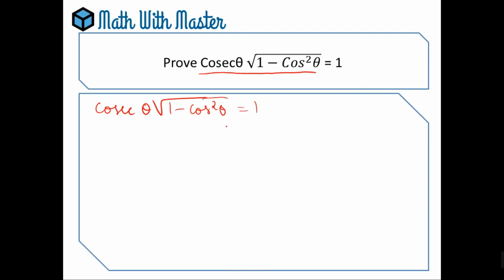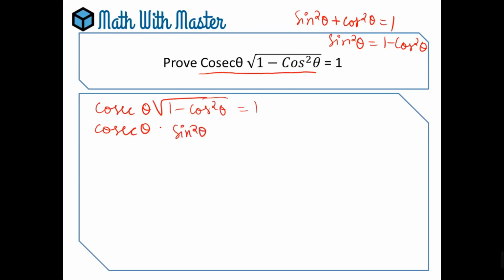Sin square theta plus cos square theta is equal to 1, so sin square theta is equal to 1 minus cos square theta. So cosec theta multiplied by under root 1 minus cos square theta, we can replace 1 minus cos square theta with sin square theta.